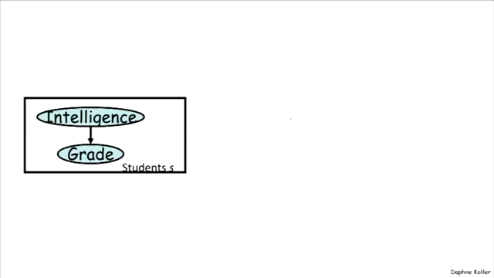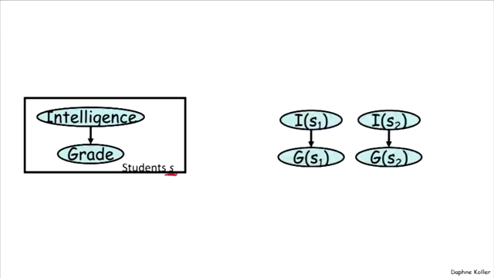Let's look at a slightly more interesting example. Going back to our university with multiple students, we now have a two-variable model with intelligence and grade, and we index that by different students S, which again indicates a repetition, a copying of this template model. In this case, I only made two copies, one for student 1 and one for student 2.